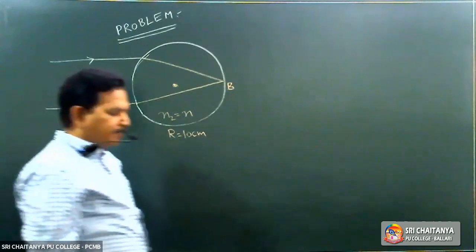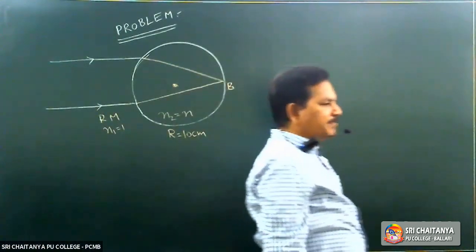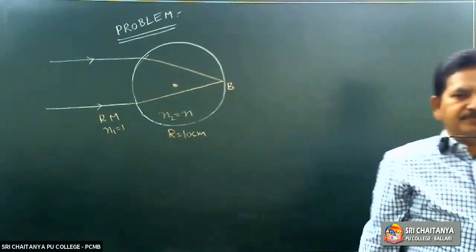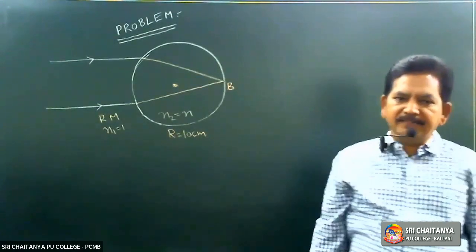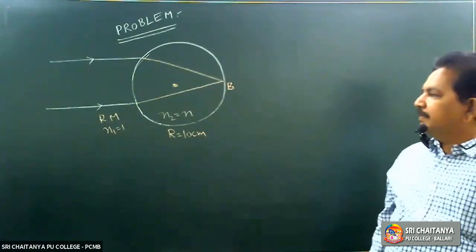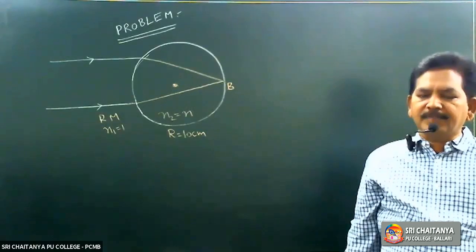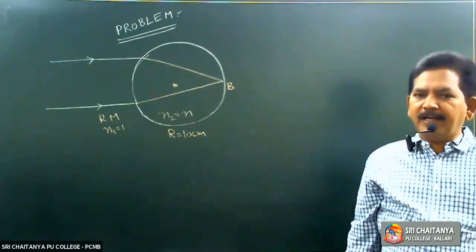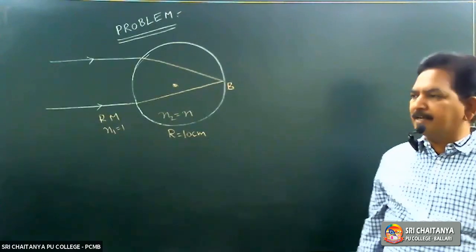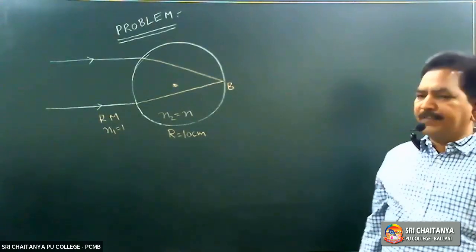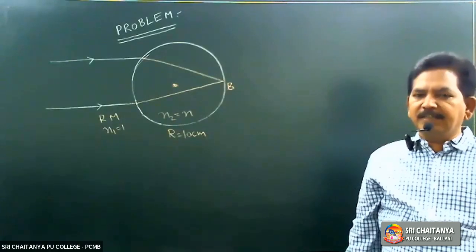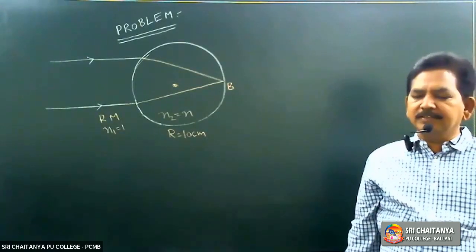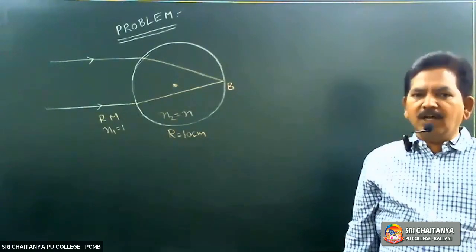So what is the given problem? The object is at infinity. Light rays are coming from the object and fall on the sphere parallel to the principal axis. After refraction, they will meet at point B, where point B is the opposite point along the diameter.